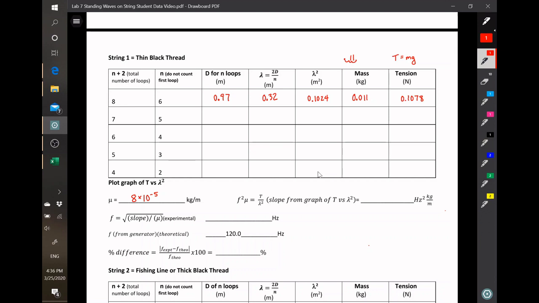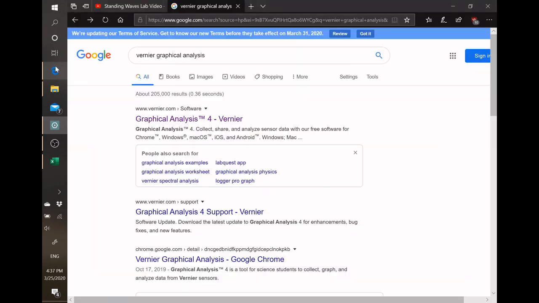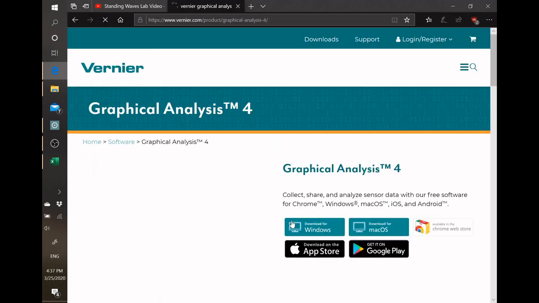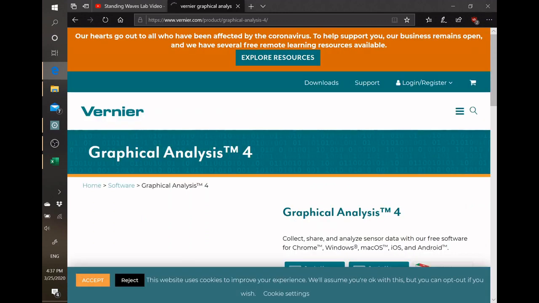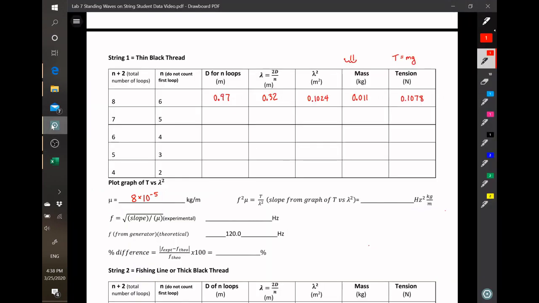I will give you a brief introduction to that in just a second. You can also use the Vernier Graphical Analysis that we use in class. If you go to Google and search Vernier Graphical Analysis, the first link that shows up is Graphical Analysis 4, Vernier. If you follow the link, it'll bring you to the download page where you can download and install it on your computer. And if you have any other favorite programs, you can use those too. All of them will work just fine.